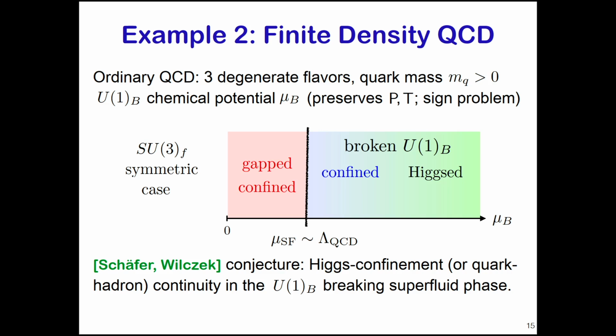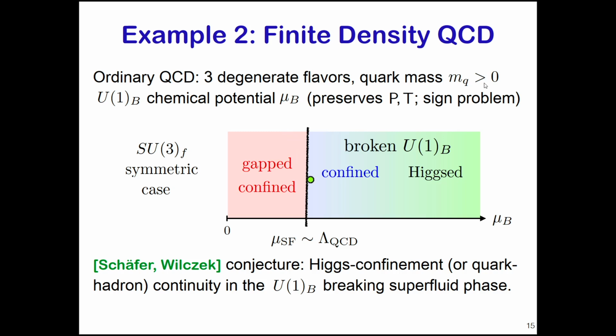And in this case, the phase diagram is believed to be fairly simple. There's a low-density regime, which is gapped and confined. And then it's believed that there's basically a single phase transition somewhere around here at baryonic densities, at nuclear densities, where the baryon number symmetry is spontaneously broken. So you enter this baryon superfluid phase.